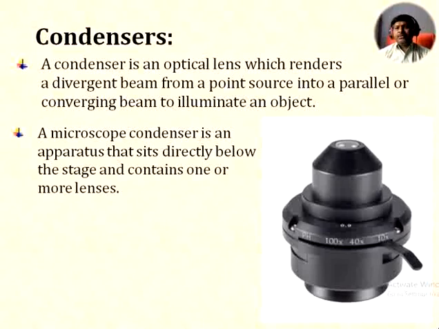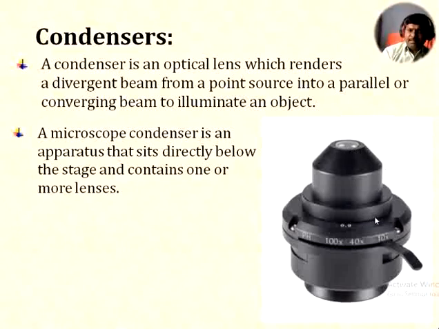A microscope condenser is an apparatus that sits directly below the stage and contains one or more lenses. That means in the case of a condenser, there are different lenses arranged, and here is the picture of the condenser. See here at the upper side there is one lens that is mounted.